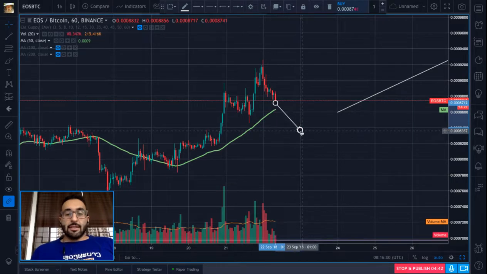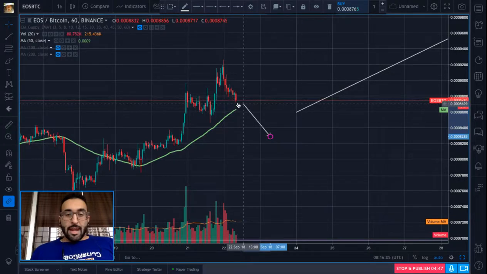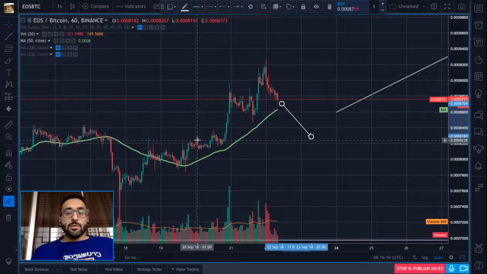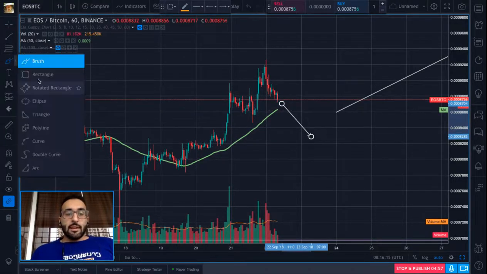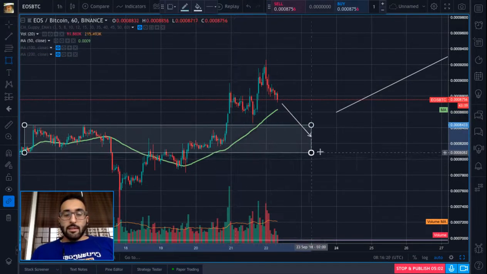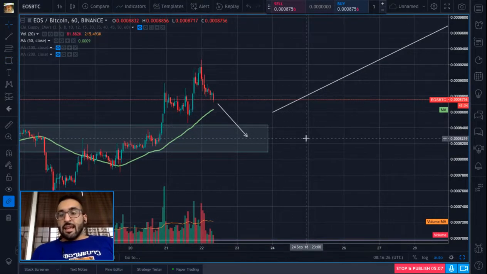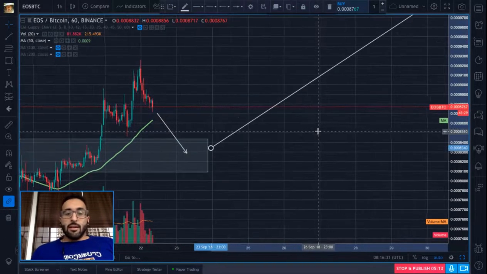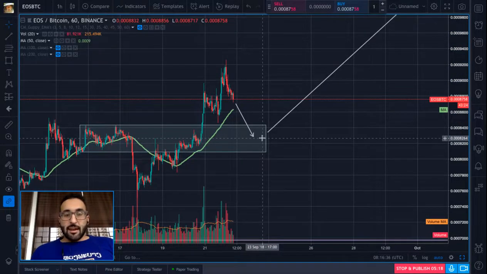It might have a temporary break, like a trend reversal at this moment, to touch on this level, because it's a very strong level around this area. So we probably will have some contact at this 8,000 Satoshi area, and after that I'm very confident that it's going to take off.